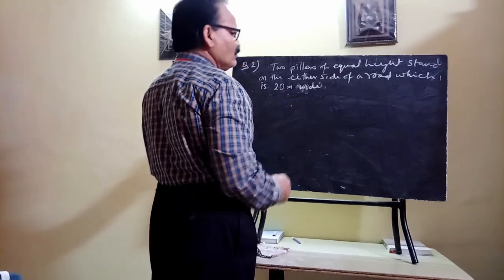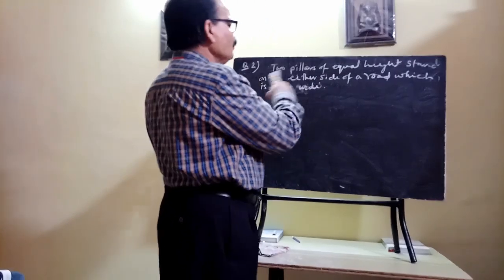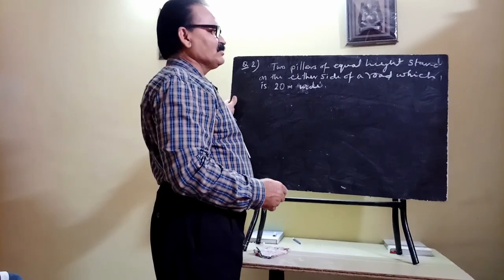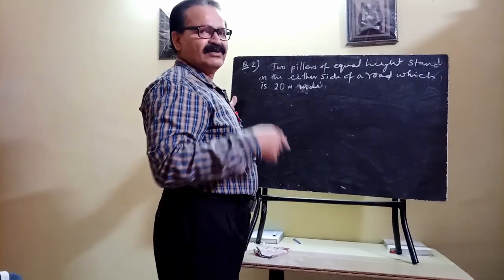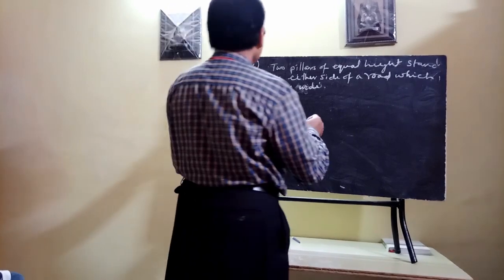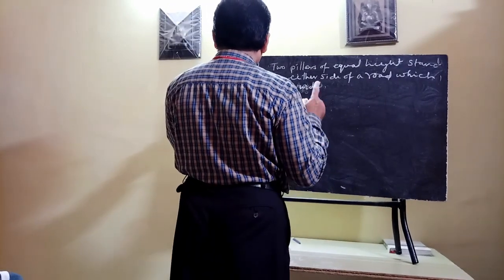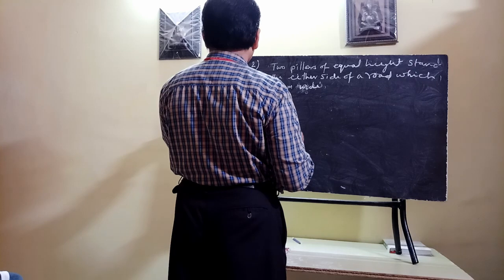So that means the road is 20 meter wide and two pillars of equal height stand on either side. Clear?